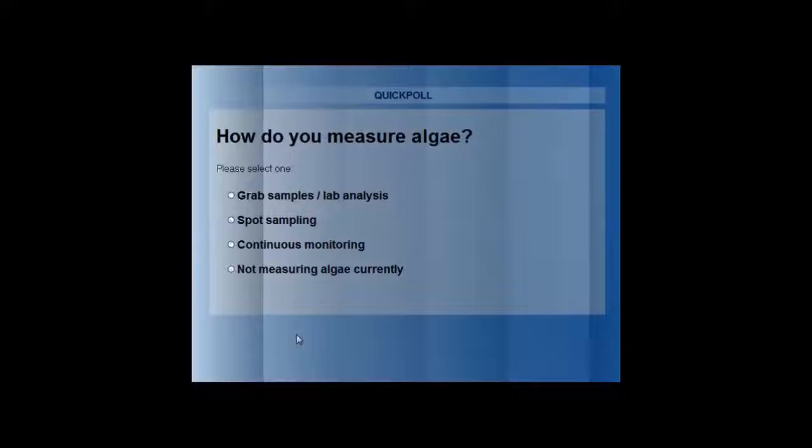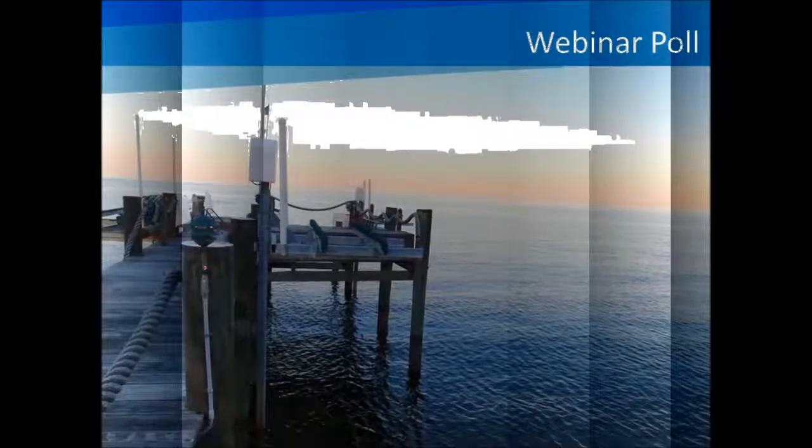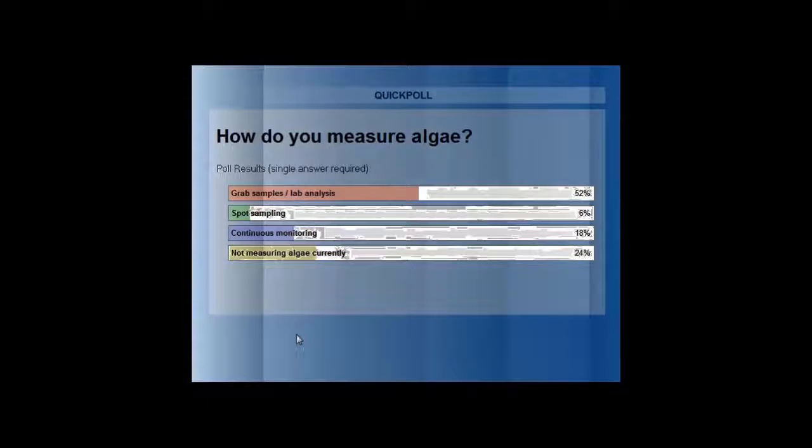Okay, good. We have some good results on the poll, and I think everyone is just about finished logging in. So I'm going to close this poll and share those results real quickly. As you can see, the grab samples and lab analysis are right now the most common method for our audience to determine algae concentration in their water.